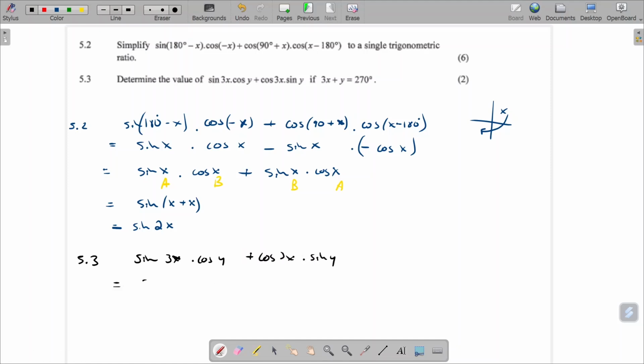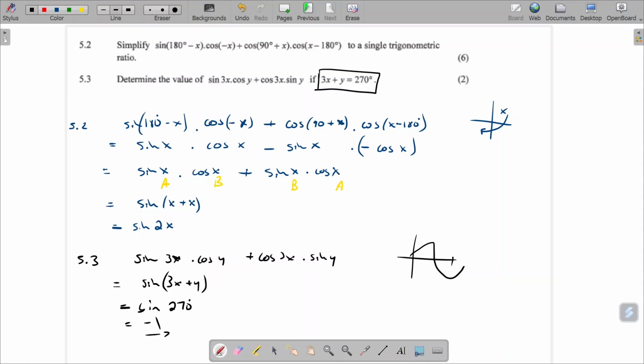Well, this will equal sine of 3x plus y. Okay, they now tell us here that 3x plus y equals 270. So this equals sine of 270 degrees. And we know that a sine function does that roughly. So sine of 270 is minus 1.